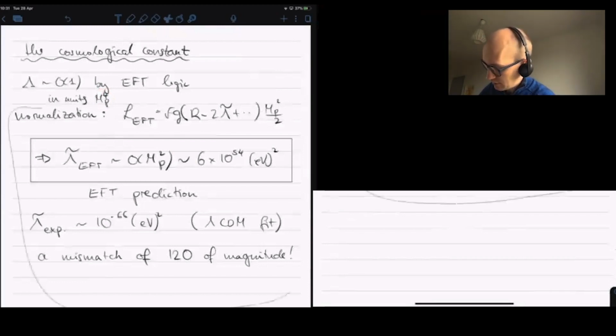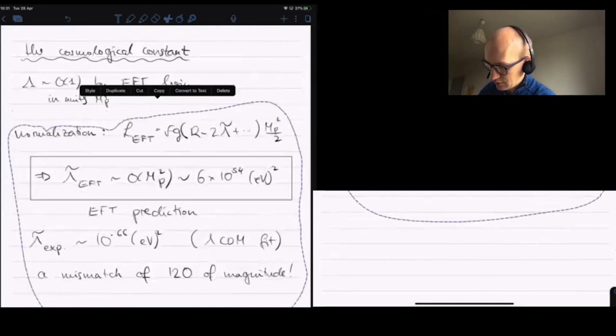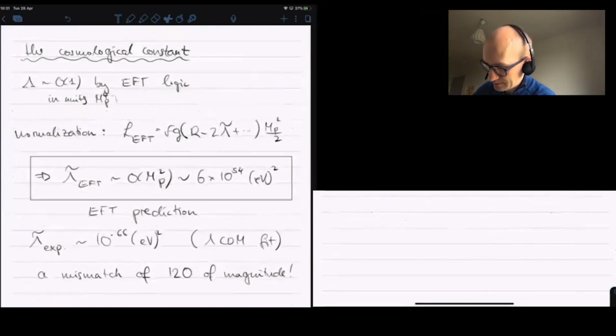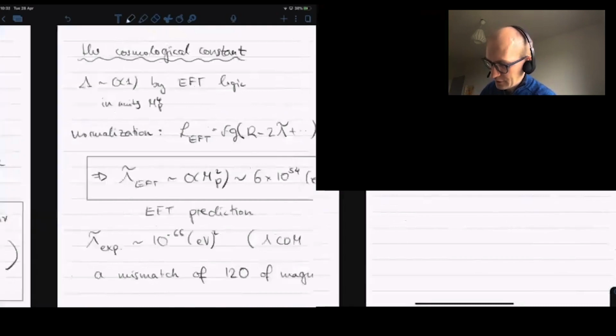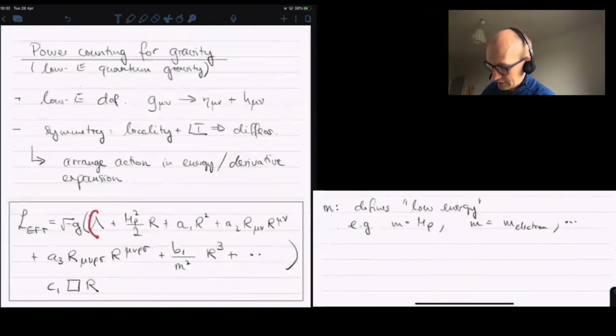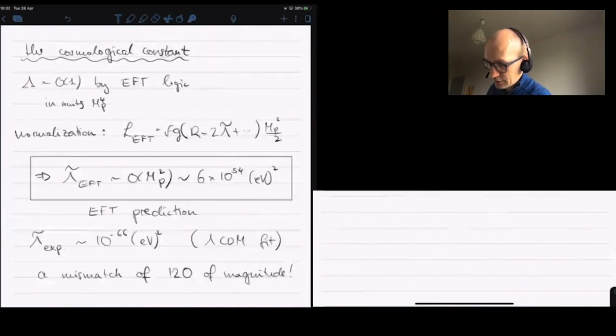Let's see if I can arrange this in some way. Right, because you have it standing out here, this has to have mass to the 4th, and it's order 1 in those units. But the number that people compare most of the time is when they normalize the Lagrangian like this.